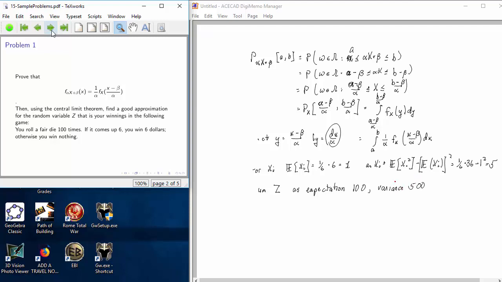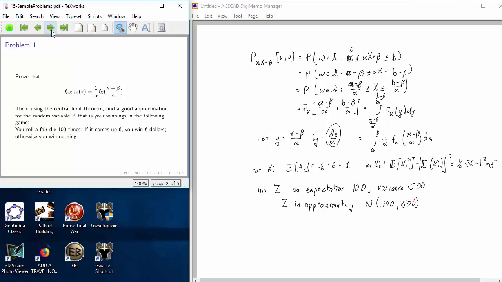In other words, z is approximately normally distributed with an expectation of 100 and a variance of 500. That's basically what the central limit theorem says.